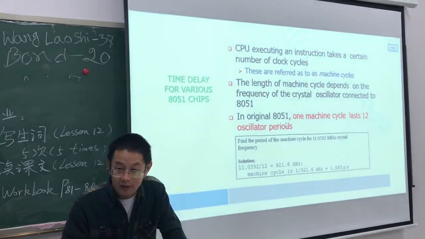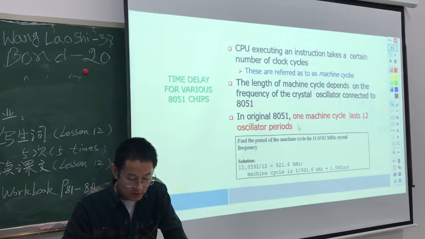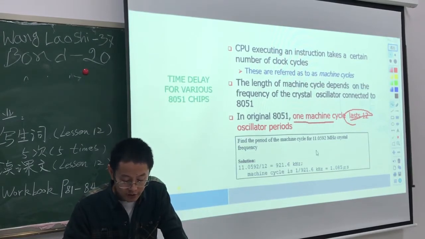Firstly, we need to know the oscillator period, so we can get one machine cycle. One machine cycle lasts 12 oscillator periods. So if your oscillator period is here, you can get your machine cycle.